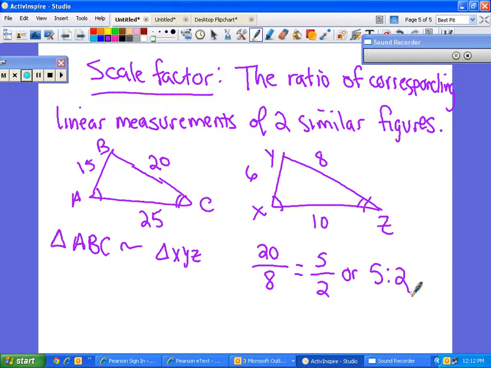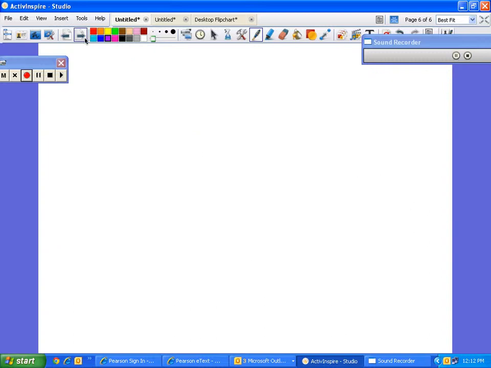Okay. Now, one of the things that you're going to see on the end of course exam that gives students all kinds of fits is identifying similar angles and sides when the triangles or whatever figure don't look the same. So what I mean by that is, here's a triangle. This is triangle TSR.